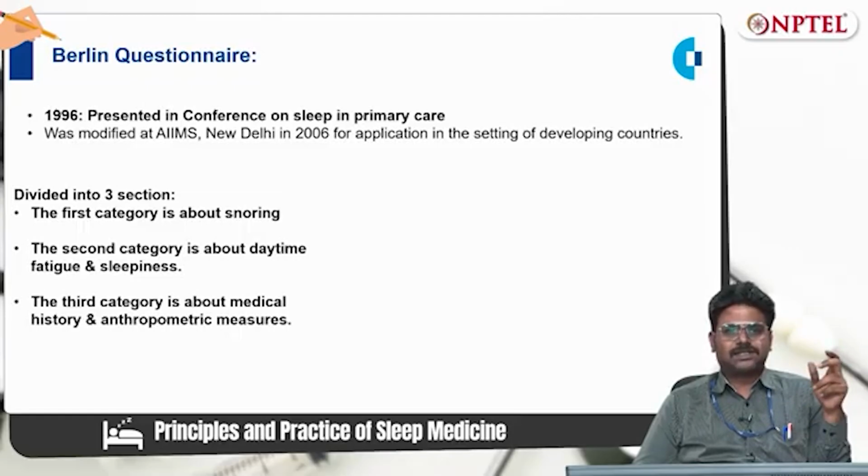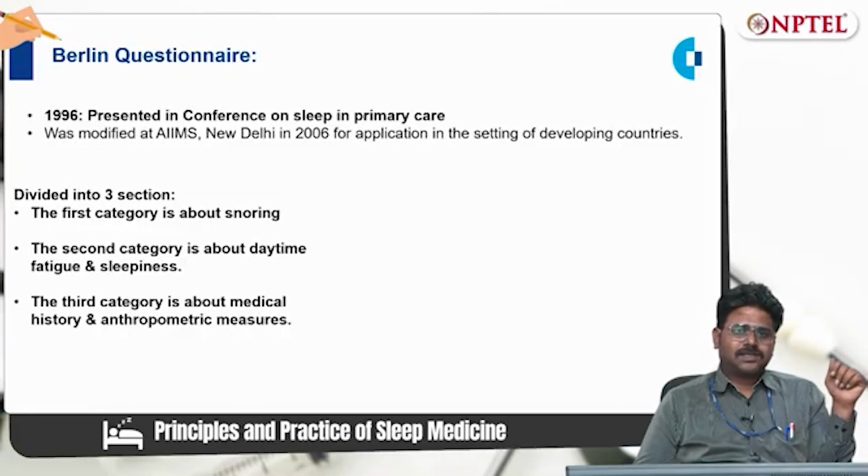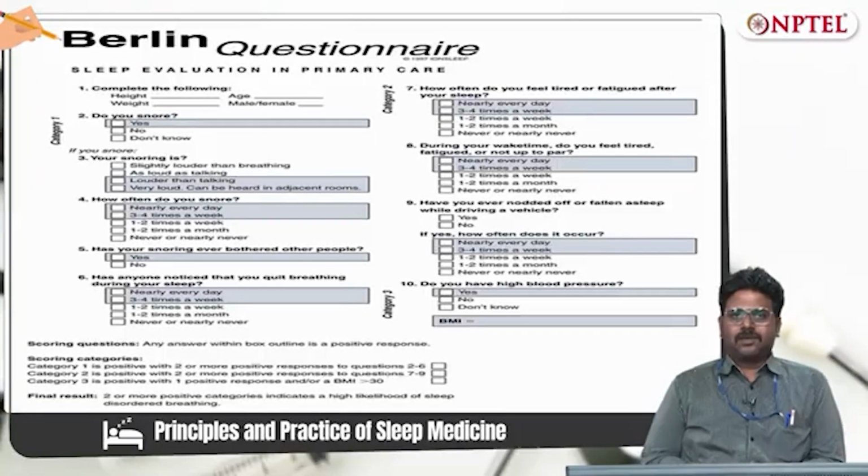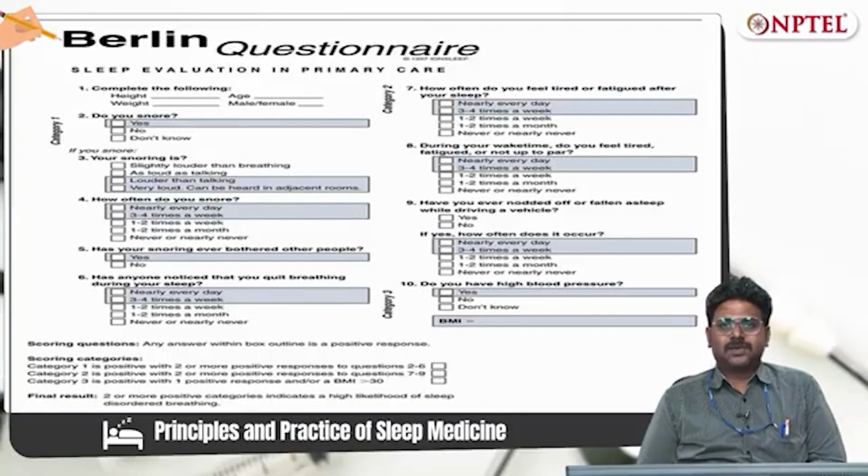It is divided into 3 sections. First category is about snoring, second category is about daytime fatigue and sleepiness, and third category is about medical history and anthropometric measurements. This is the format of the Berlin questionnaire, which includes the basic anthropometric measurements, gender, and category 1, category 2, category 3.